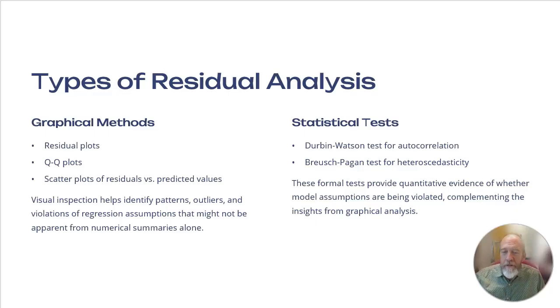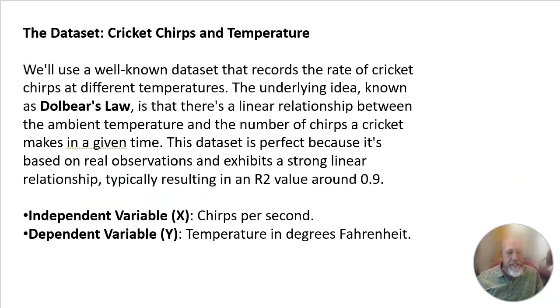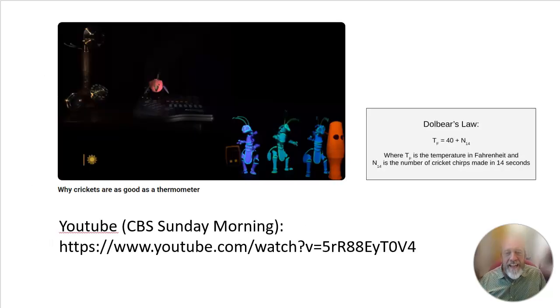What I want to do is do this with one of my favorite examples, the Dolbear's Law example, which basically says that the speed at which crickets chirp varies with temperature in a linear relationship. It's pretty cool. If you really want an interesting look at this, just Google CBS Sunday Morning crickets chirping or cricket thermometer.